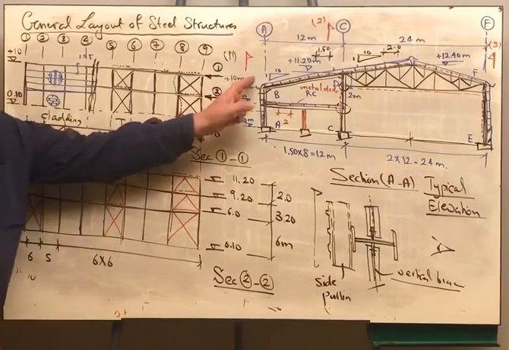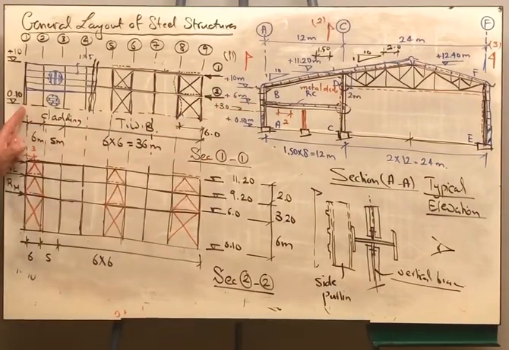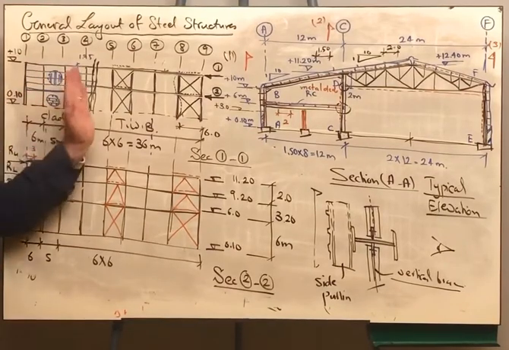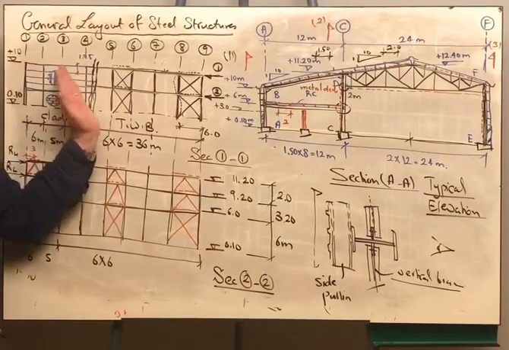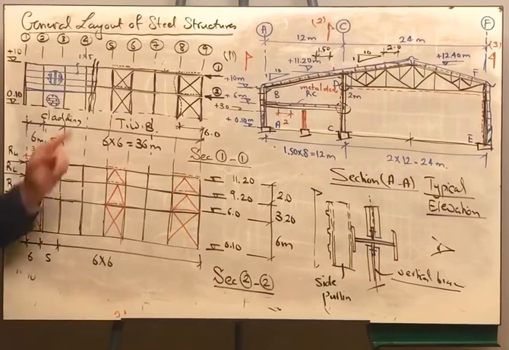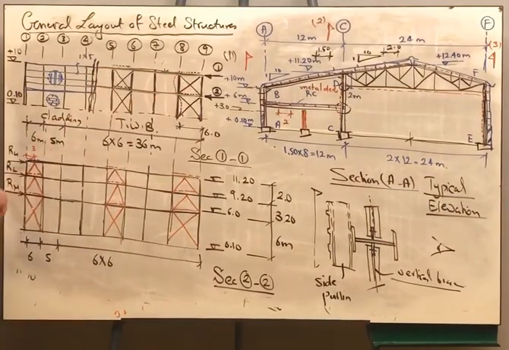Because we took the side view for the column AB, we have to show the cladding where we are focused on the purlins, how they are spaced, and the type of cladding material. This is corrugated sheet and this is brick wall. And then as if we removed the cladding for the other part of the section, we are showing the transversal bracing and the indication of the upper and mezzanine bracing.